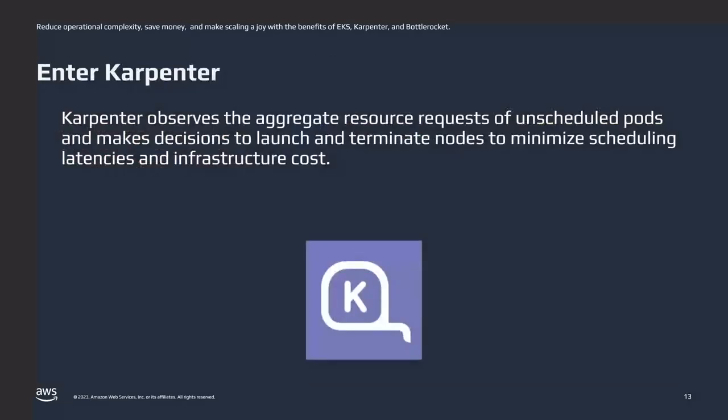So that's when the Karpenter project came onto the scene. We originally started looking at Karpenter due to its faster response times when adding capacity compared to cluster autoscaler. So Karpenter launches instances directly using the EC2 APIs, as opposed to cluster autoscaler, which will increase the desired count on the underlying autoscaling group.